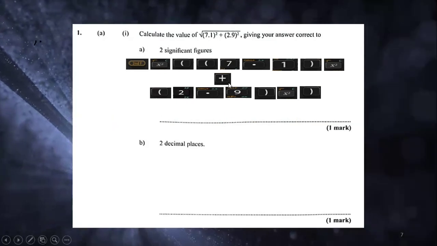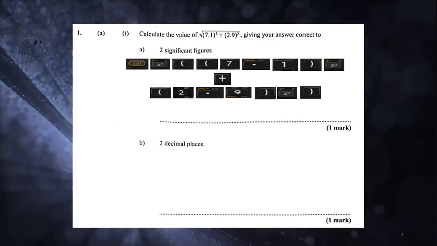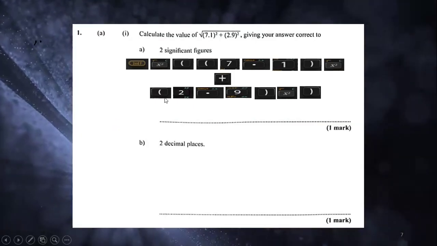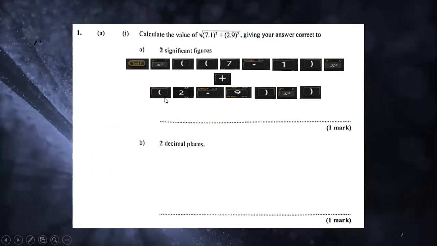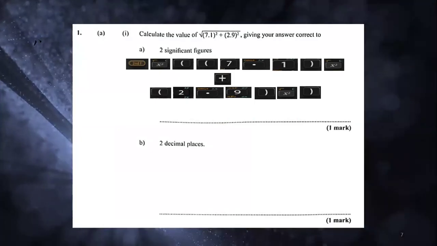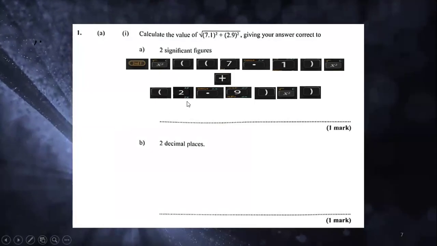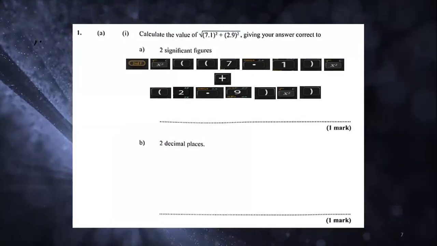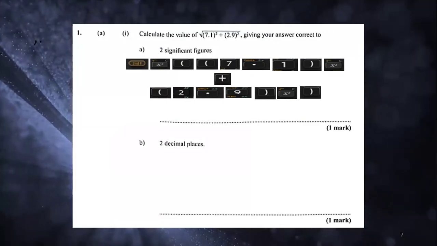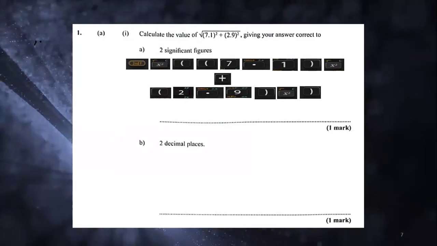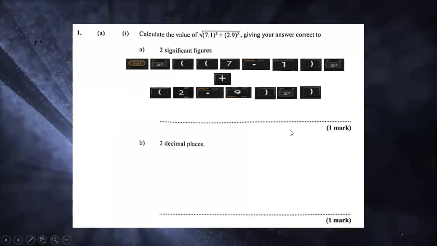Many people may find this much more convenient. However, this method can give you the answer quicker. But for speed and accuracy, I think you should practice both and get to know your calculator. Once you get to know it, it will be of great help in the exam, right? Especially for paper 2 and paper 3. So this is a great exercise in getting to know your calculator better.